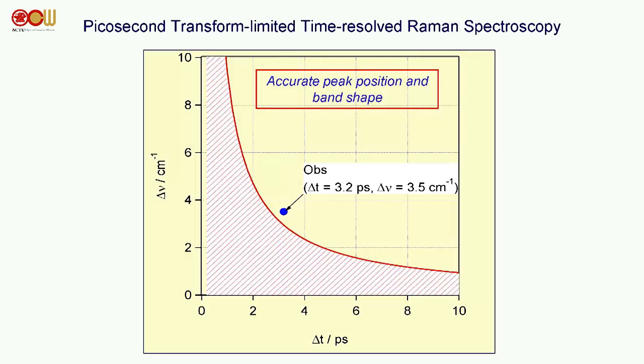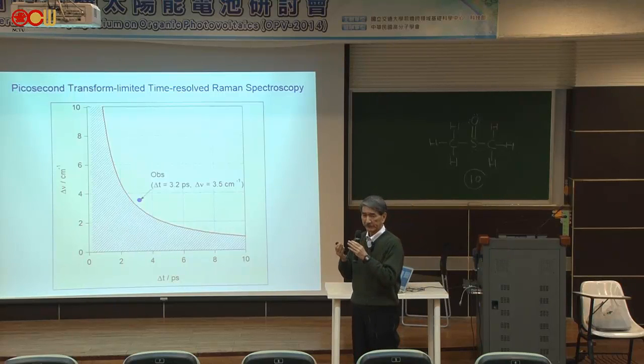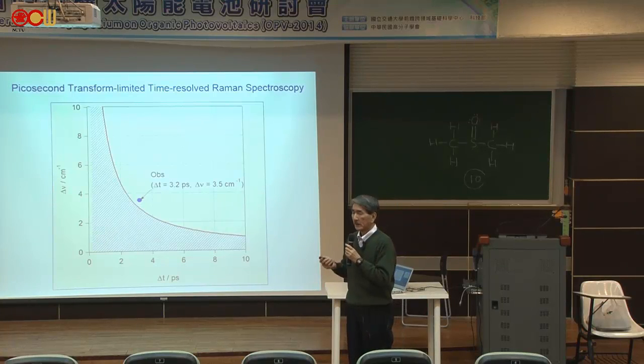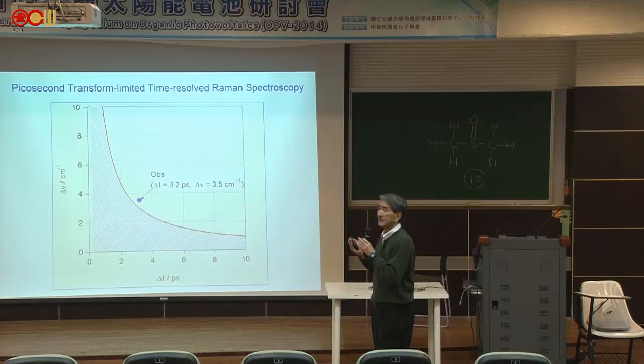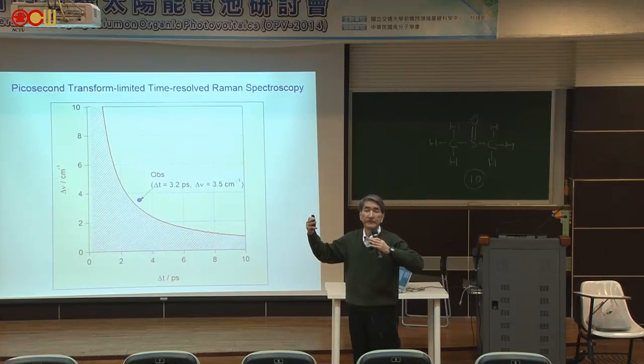So here I show you the relationship between the laser wave number width and the pulse width. If you go to a very short pulse, because of the uncertainty principle between energy and time, a very fast pulse has a large wave number width.